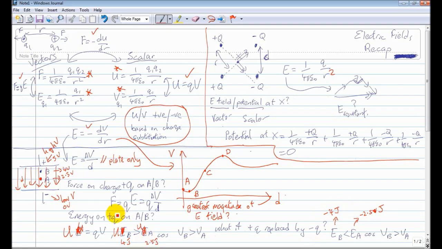We assume that plus Q is actually 1 coulomb. So 1 coulomb times 4 volts gives me 4 joules, and so on and so forth. So that's how I think about energy. Again, we must take care of this idea over here, which is really very important, and actually the crux of the last 2 videos that we've been discussing.